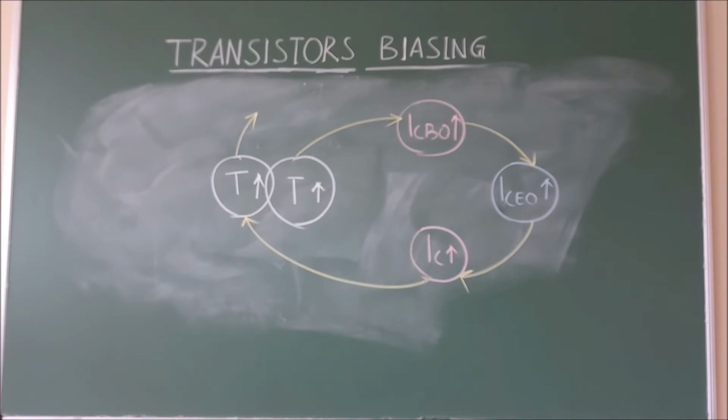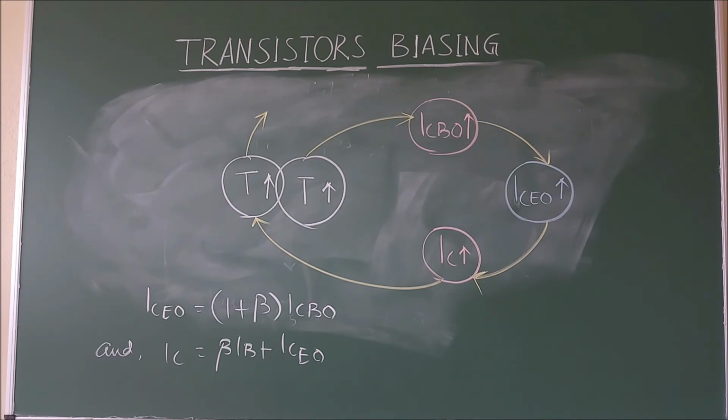The leakage current, that is ICBO, is increasing. Therefore, ICEO is increasing.